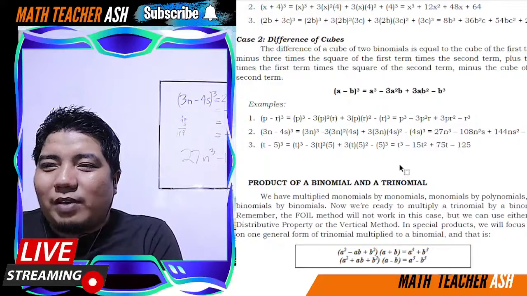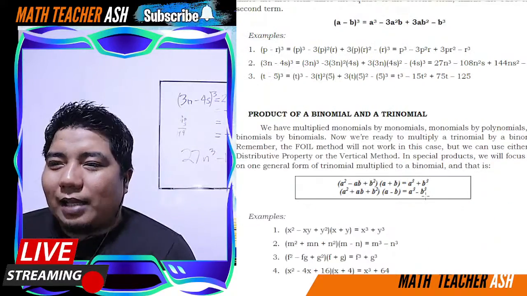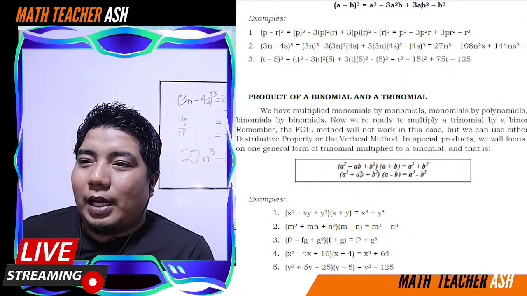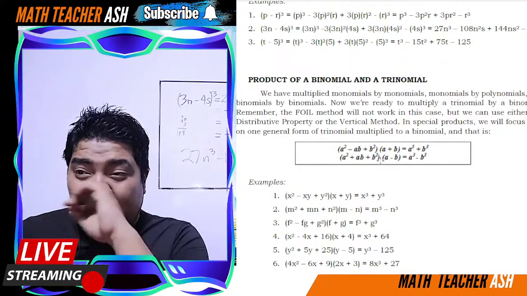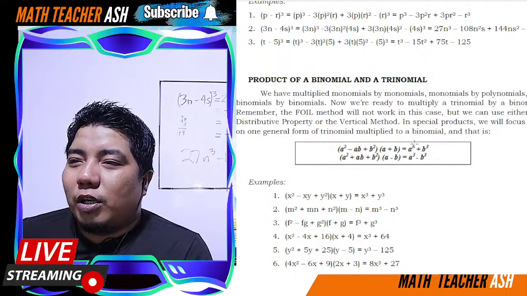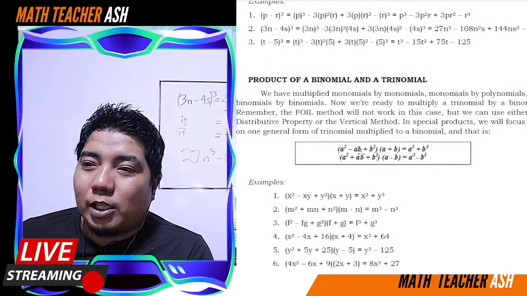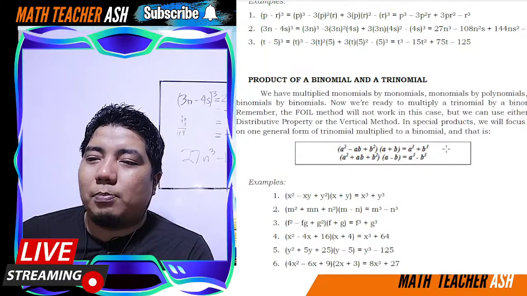Okay, so next we have here the product of a binomial and a trinomial. So when you multiply, ito a plus b times, this is a special product sa totoo lang, since we are discussing special product. So if you have a plus b times the trinomial a squared minus ab plus b squared, the answer is basically a cubed plus b cubed.